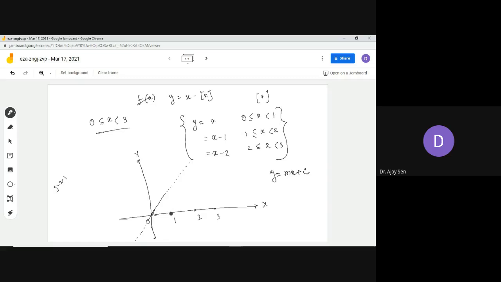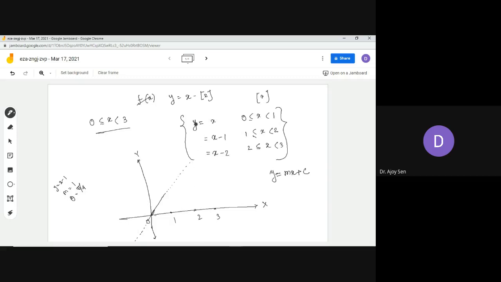So this is the point through which the straight line is passing. And you see, the value of m is 1, that means theta is equal to pi by 4. So the slope of the straight line is pi by 4.